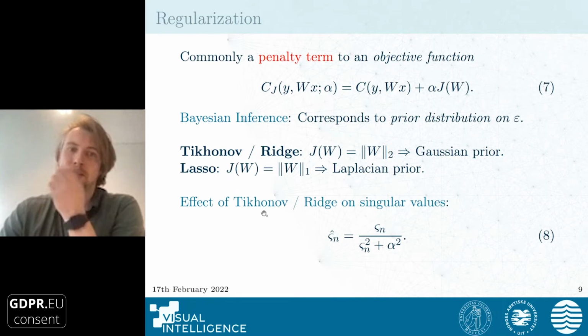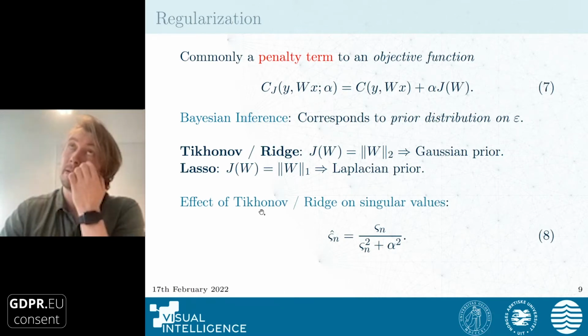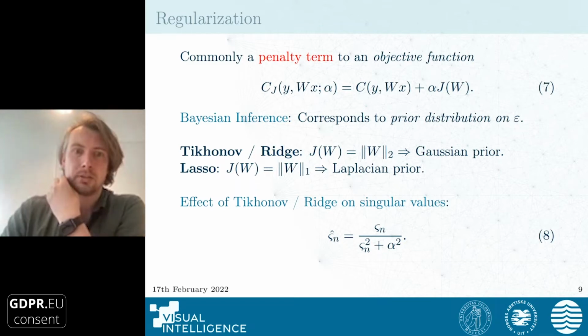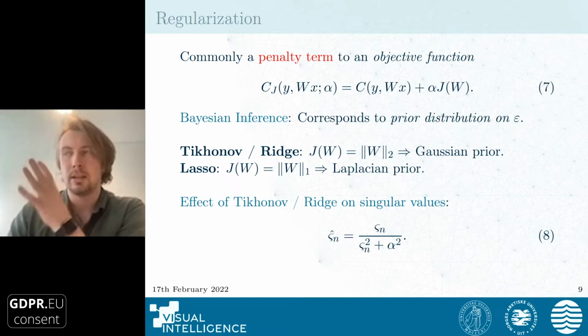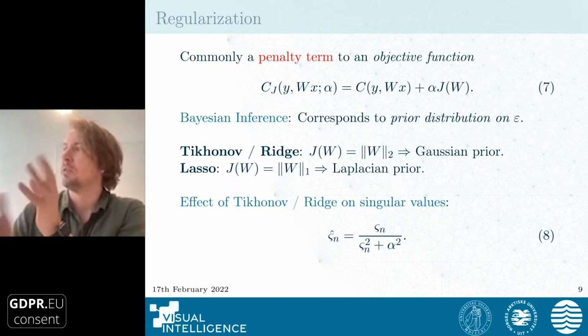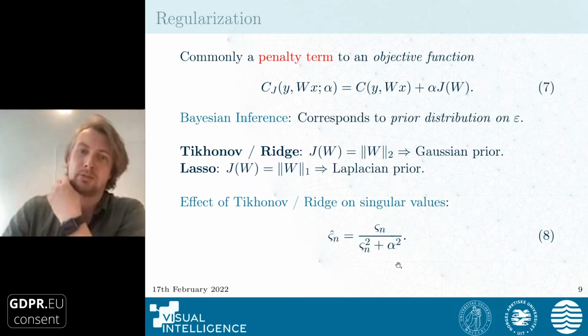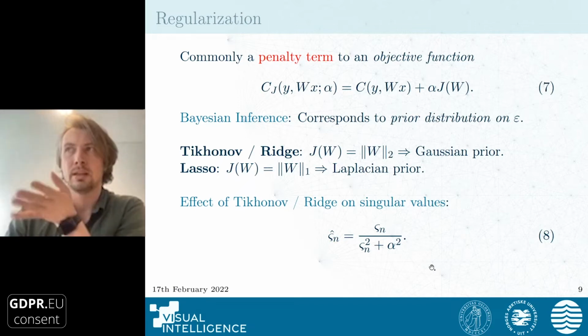The effect of the most canonical form of regularization, Tikhonov regularization, can be seen here, where it effectively smooths the singular values, meaning that for singular values close to 0, you smooth out the effects slightly, so you don't actually get these issues.